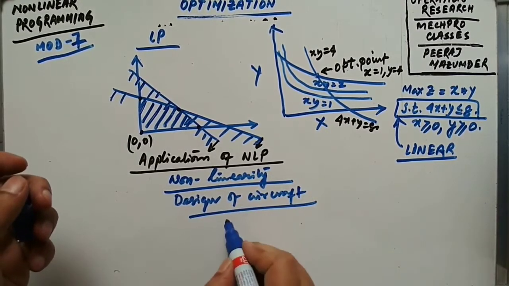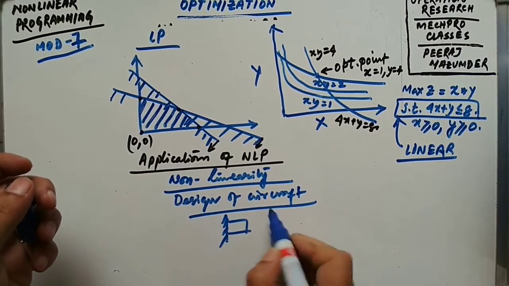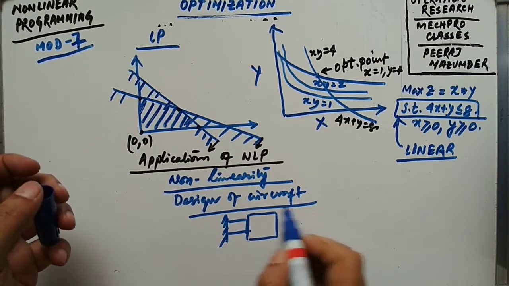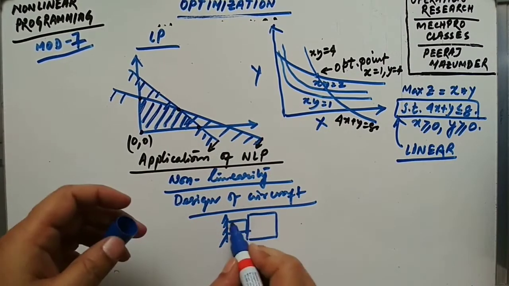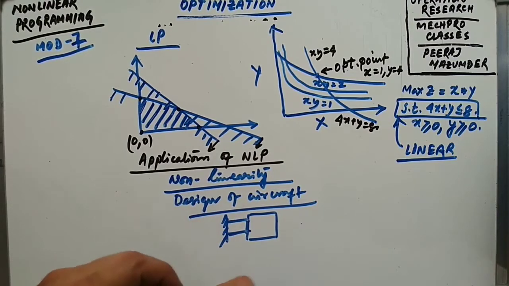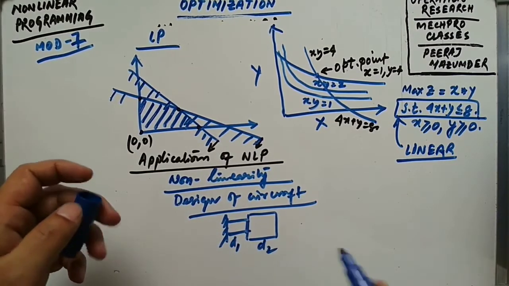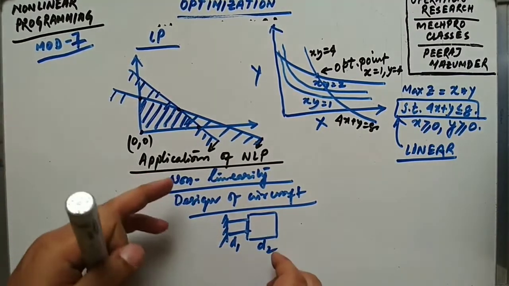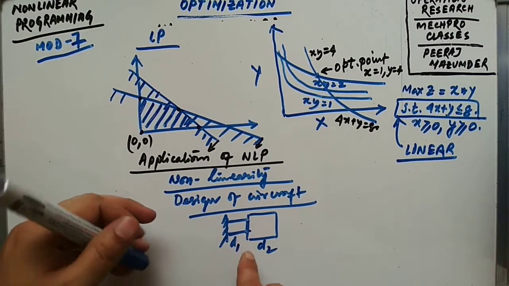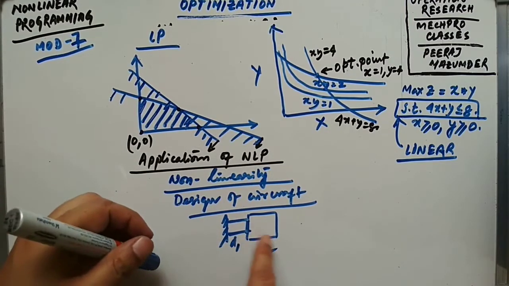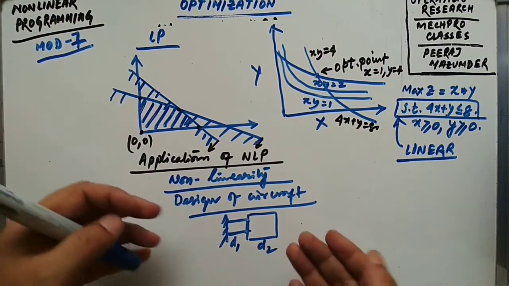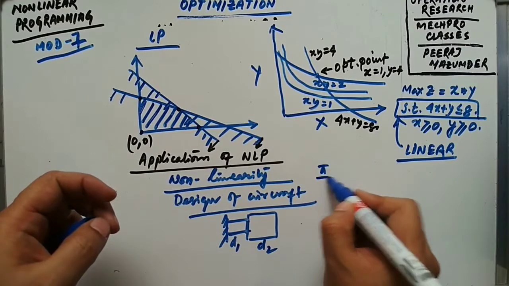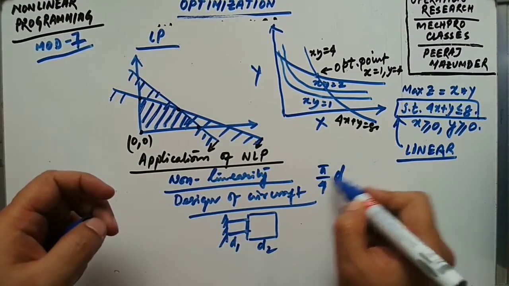Say we have a pulley, this is a shaft, and it is having a varying diameter. Now if we try to solve this particular shaft having different, or stepped, varying diameter, then we have the formula of cross section as pi by 4 d square.